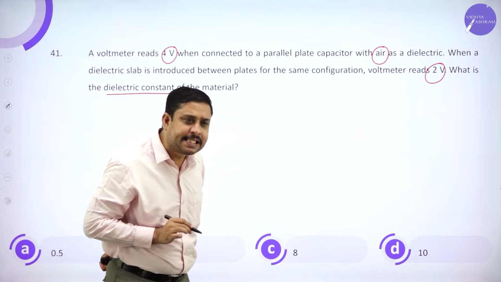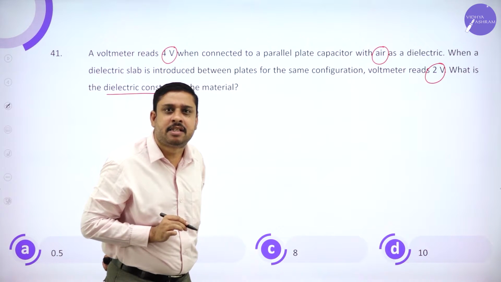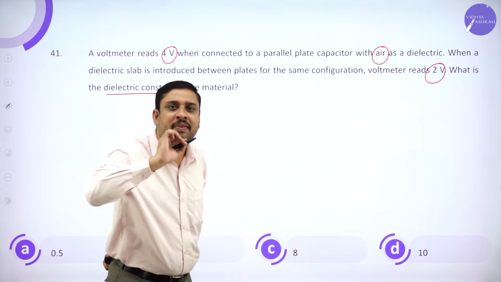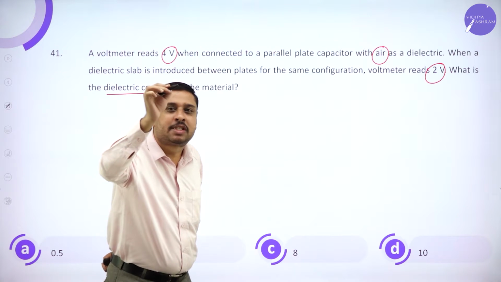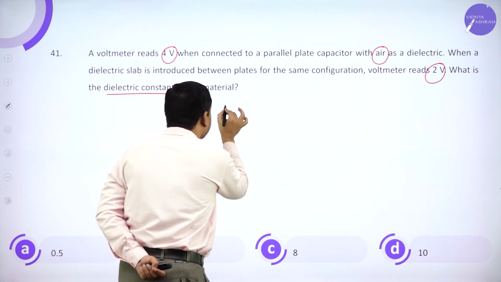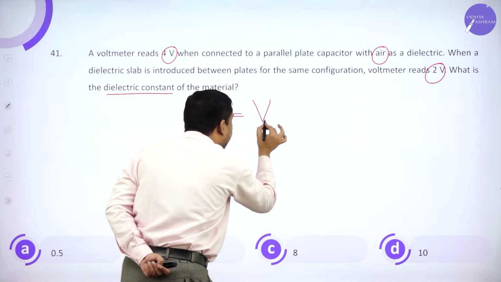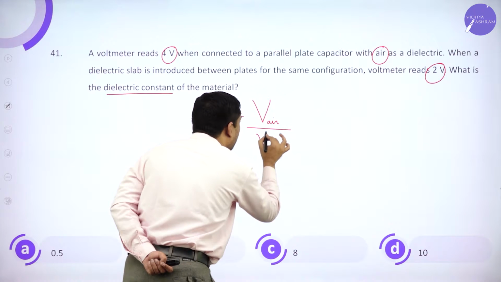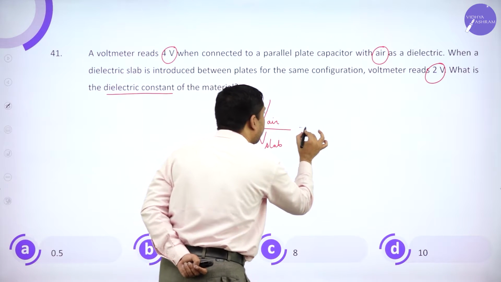So we have already studied, dielectric constant is the ratio of something with air as the medium to something with the material as the medium. So here epsilon is voltage with air as the medium to voltage with slab as the medium.